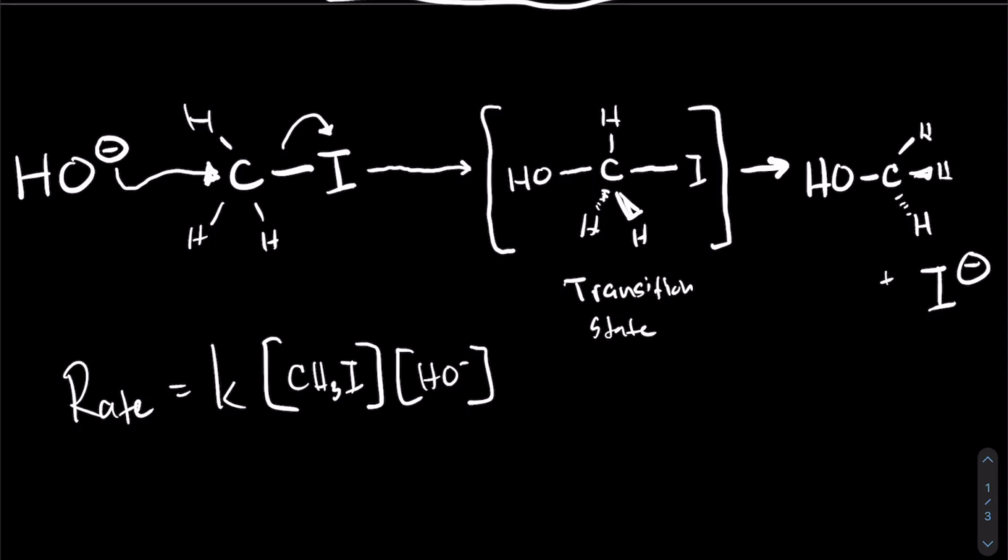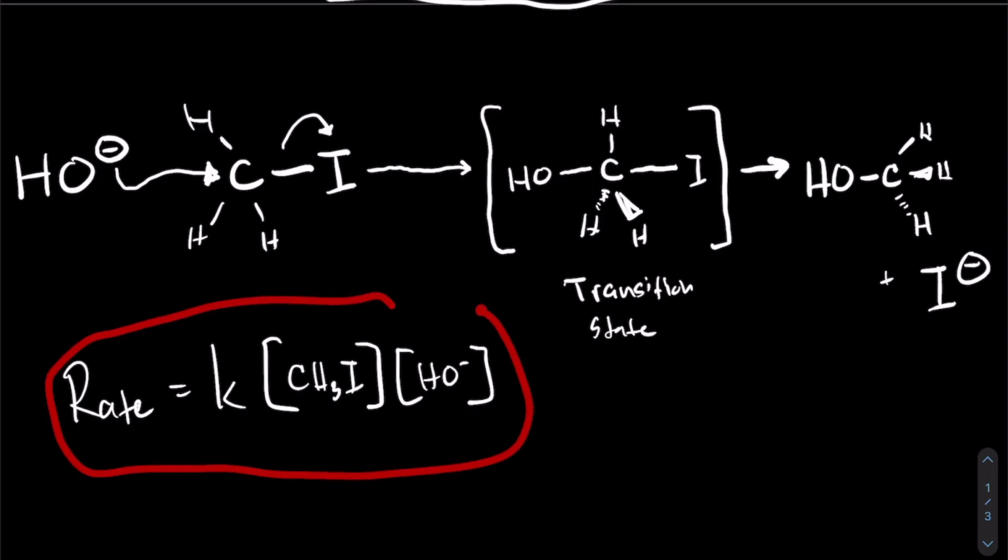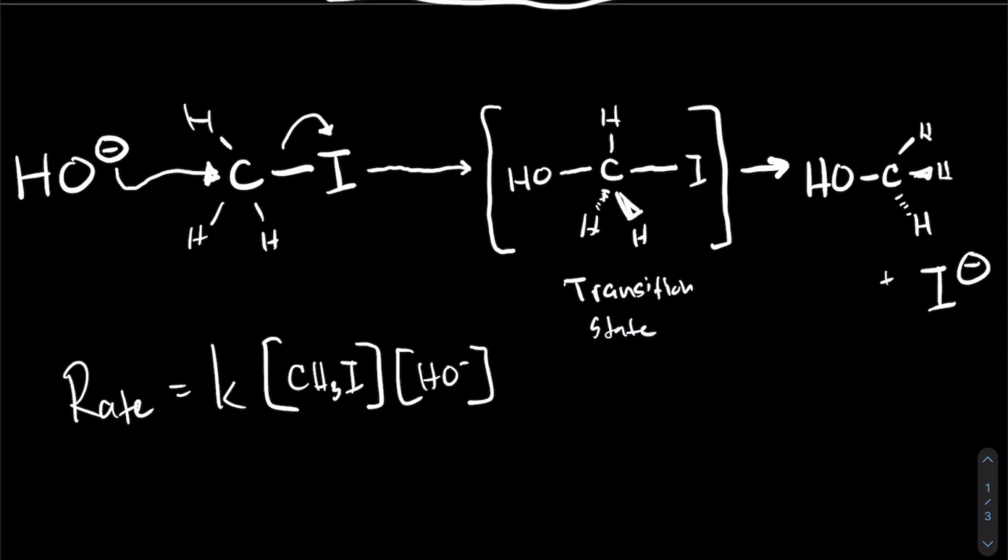So now I presented that in the exact opposite order it was actually discovered. First, people realized that the rate was dependent on the concentration of both starting materials. That then allowed them to infer that the transition state must be a combination of both reactive species.